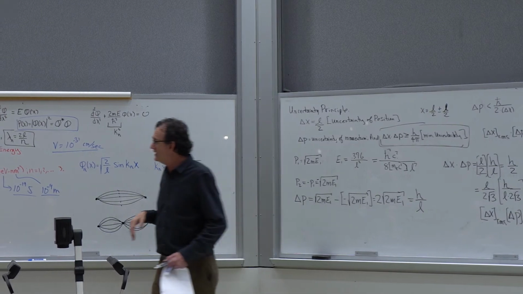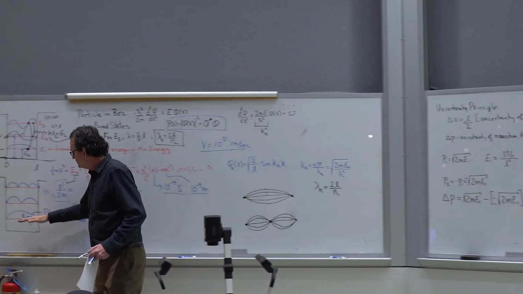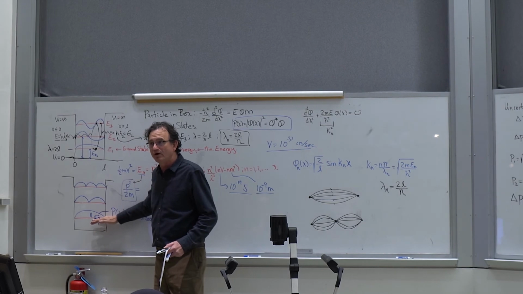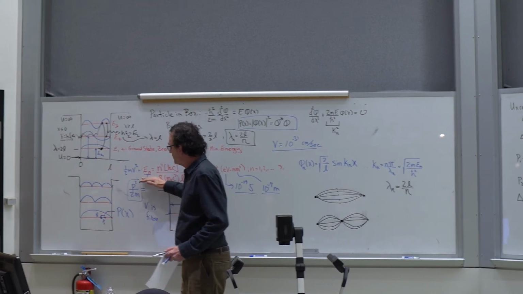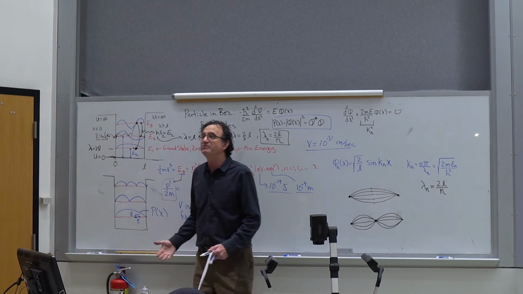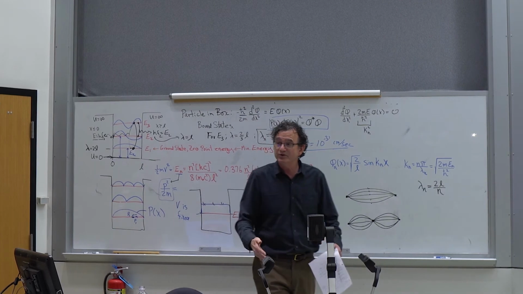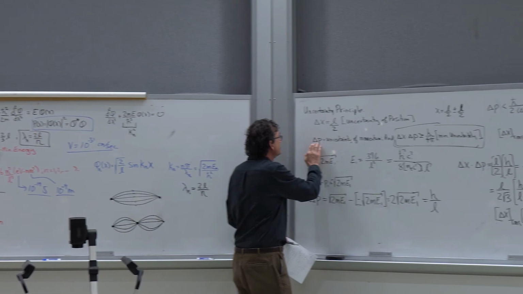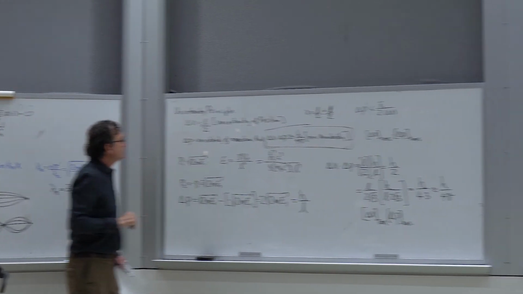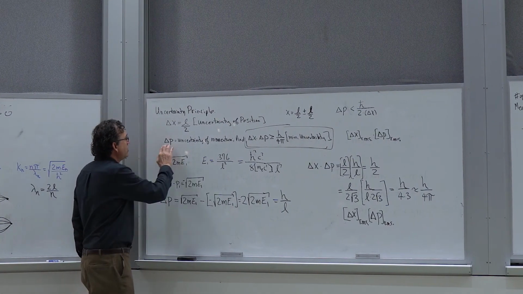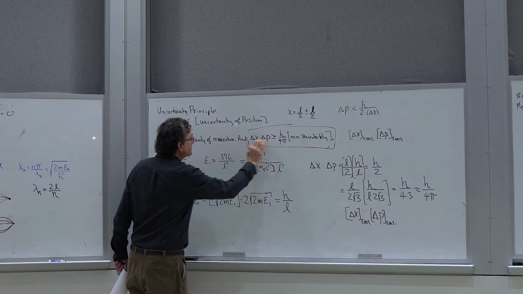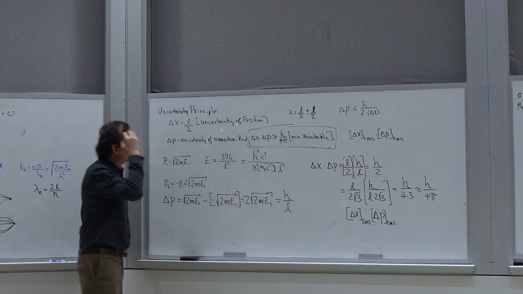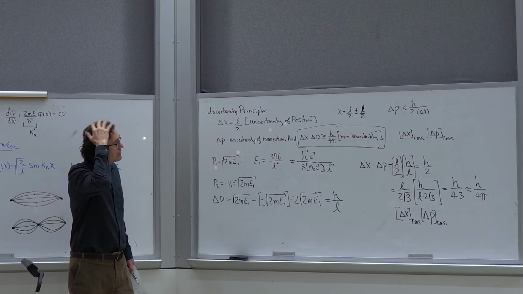So does everyone understand there's a dilemma here? The particle is changing momentum when it bounces off the wall. It seems not to be allowed to change momentum, but I'm going to get away with it because I have another rule called the uncertainty principle, which says the momentum can in fact be uncertain by a certain amount and be allowed to violate momentum conservation as long as the product of delta p and delta x is of the order of h bar divided by 2.